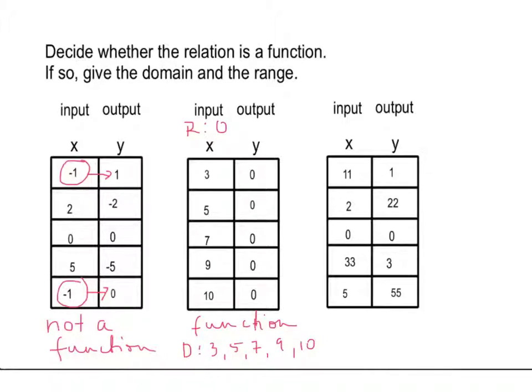So we look at the last problem. We have an 11, a 2, 0, 33, and 5. None of these x values are the same. Therefore, this one is also a function. So my domain is 11, 2, 0, 33, and 5. And again, the range I will write up here, and that's 1, 22, 0, 3, and 55.